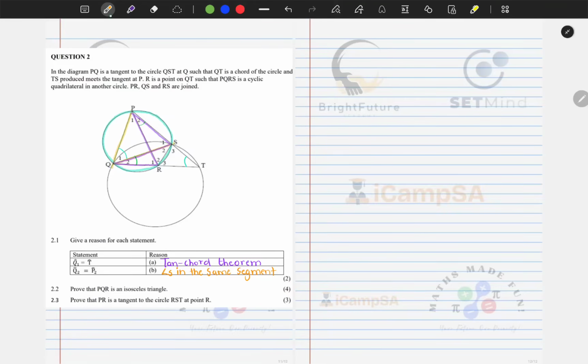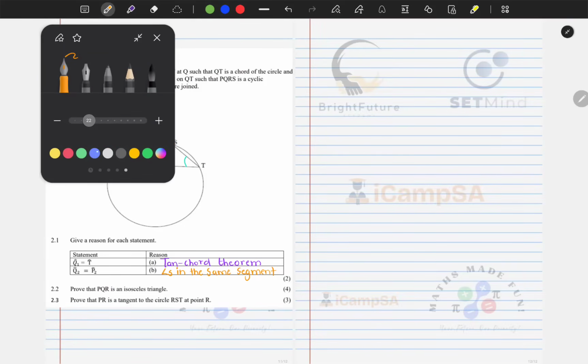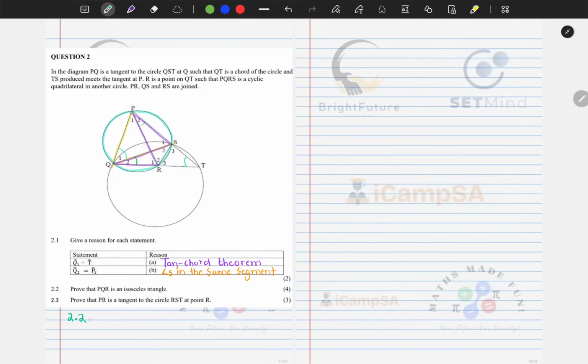So with this out of the way, we can go ahead and look at the next set of questions, 2.2. 2.2 requires us to prove that PQR is an isosceles triangle. So let's first look at which triangle that is. We're looking at PQR, which is this one.